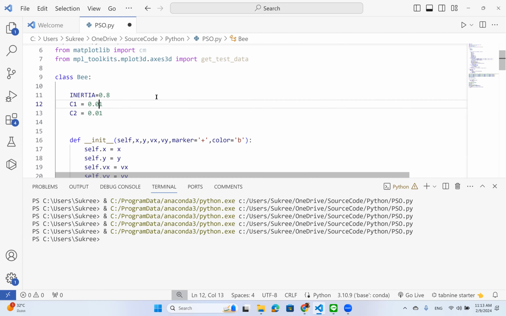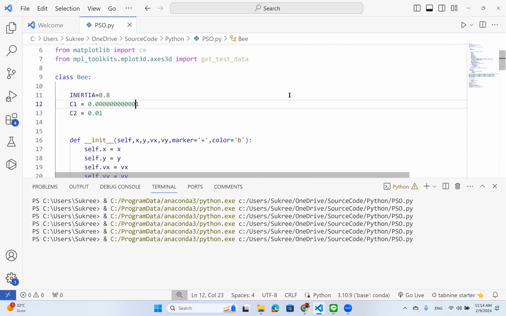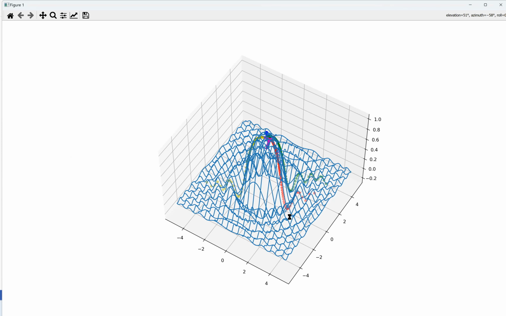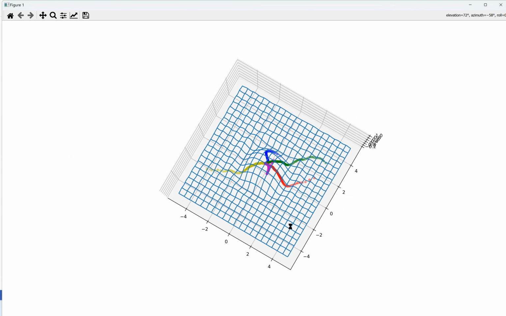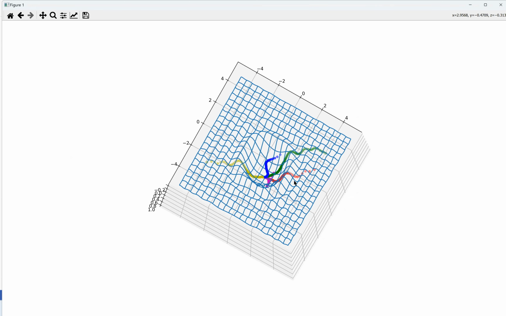And if you change it to something else, that is, don't move to local base. Try to move to global base. What happened? It will go directly to global base.